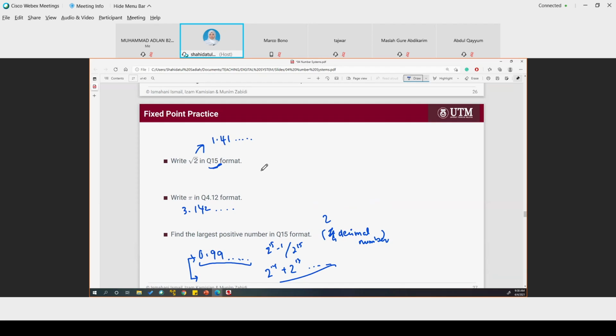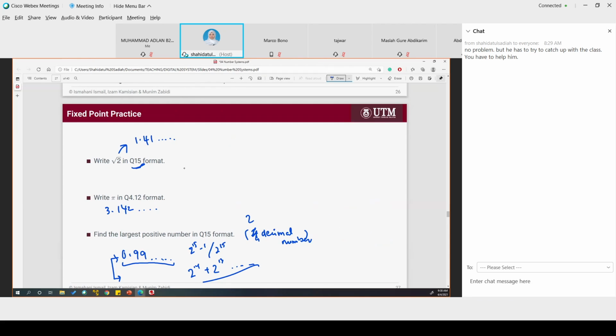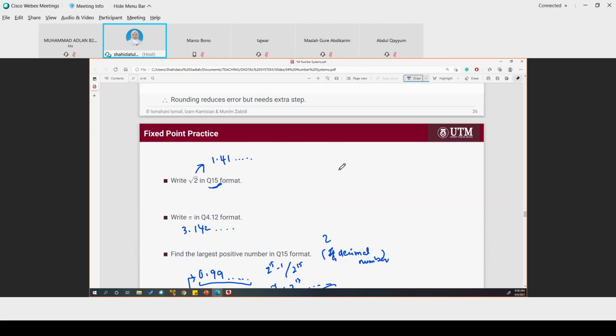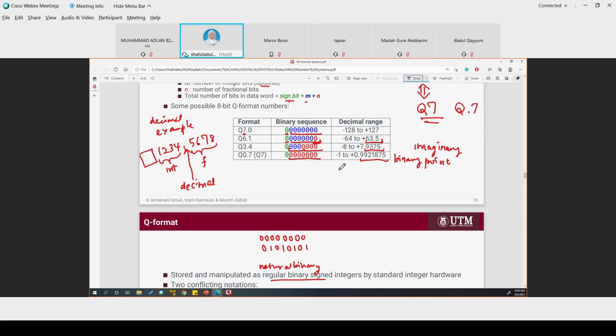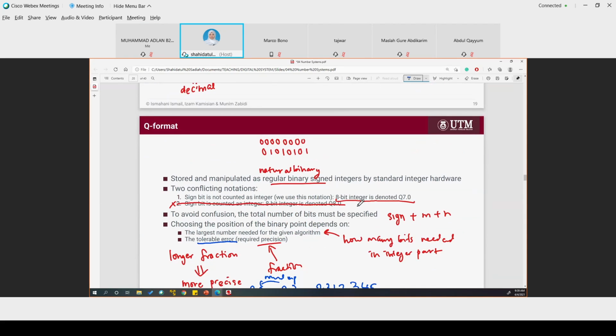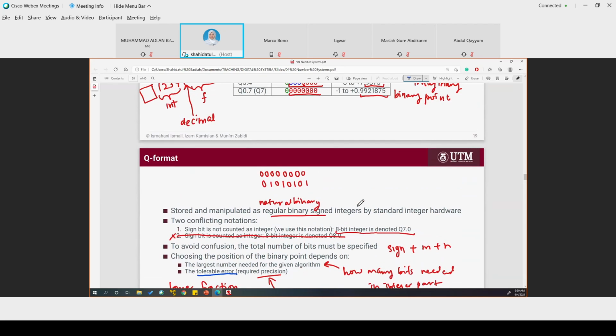Okay, Muhammad outside is asking, shouldn't the first one be Q1.15? Okay. We are following this one, right? Remember? We are following this one. So for 16-bit number, 1 bit is reserved for sign. So means we don't have any integer, no integer, and only fraction.